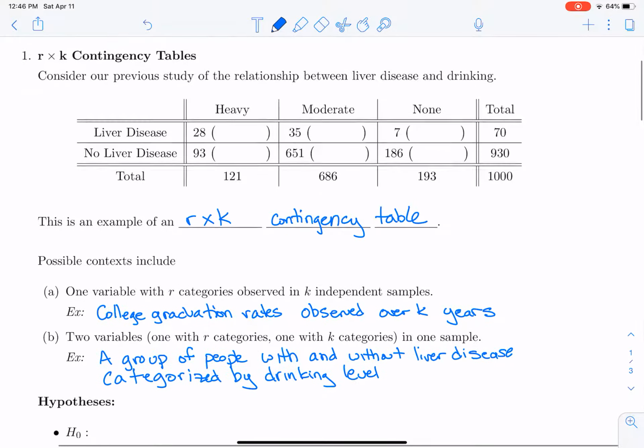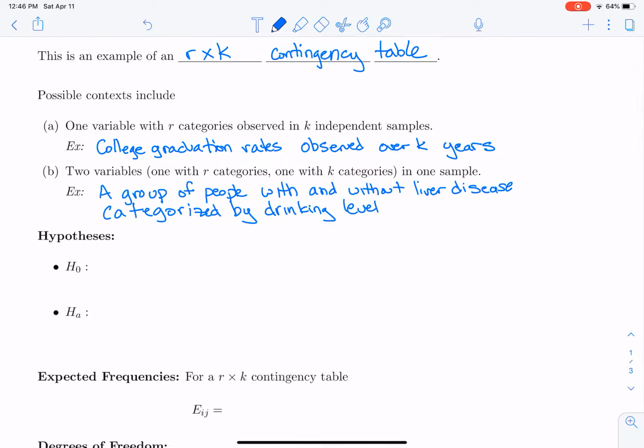So the null hypothesis is going to be the same. We want to say, for example, that the probability of liver disease, given you're a heavy drinker, is equal to the probability of liver disease given you're a moderate drinker, is equal to the probability of liver disease given that you're a non-drinker. Essentially, liver disease and drinking categories are independent. But this is a compound hypothesis, kind of like when we were doing ANOVA.